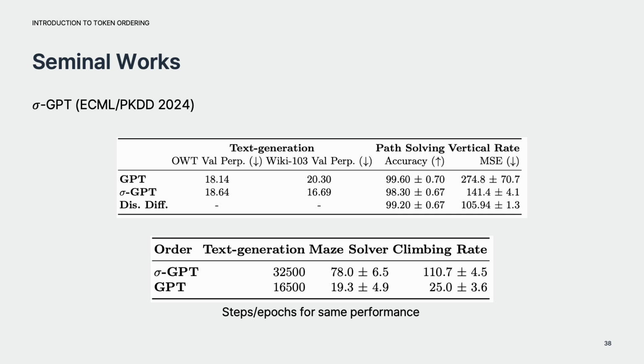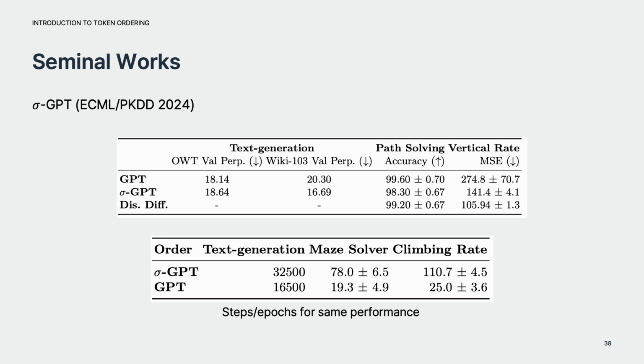Looking at the results of this paper, the table above shows the performance and the table below shows the training requirements. It indicates how many steps and epochs are needed for an any-order GPT to reach the same performance as a left-right GPT. The key point is that any-order GPT requires significantly more training than left-right models to achieve equivalent performance.